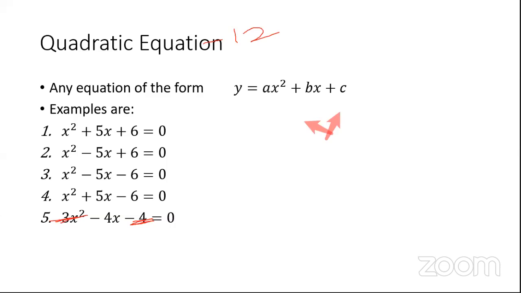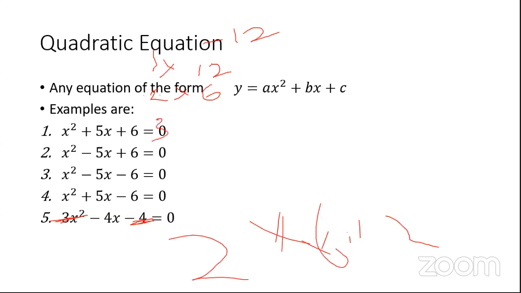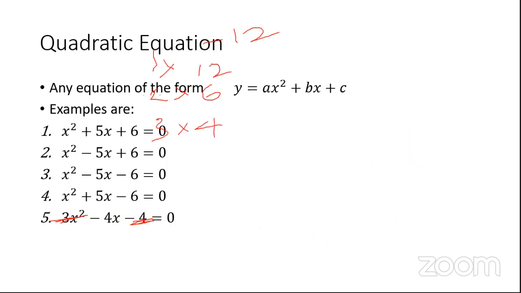So what are the factors of minus 12? Let's list them out. We have 1 times 12, 2 times 6, and 3 times 4. All these combine to give the factors of 12.